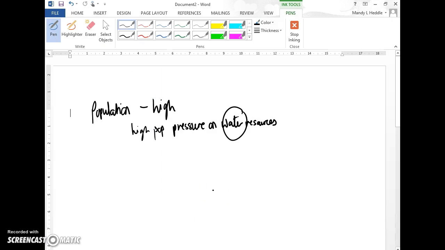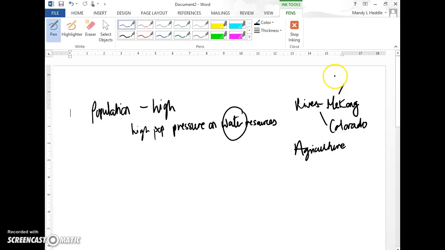So I'm thinking rivers. If I think rivers, I think of the Mekong and the hydro dams that are on there. I also know about the Colorado River, and basically the river doesn't even reach the ocean anymore because so much water is diverted for agriculture. So agriculture, and for the Mekong it will be hydro dams.